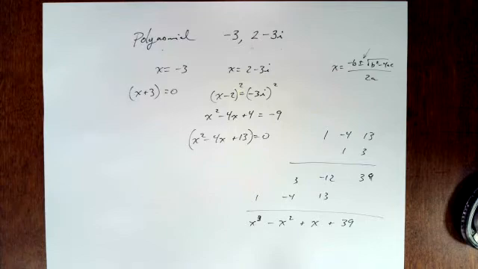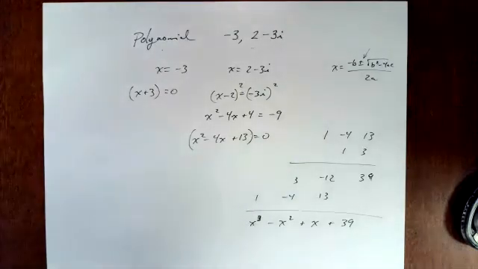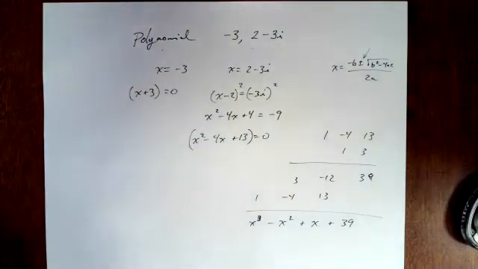Is that cool? All right. So that's just a throwback from Algebra 2. Hopefully, maybe, who knows? I don't know what you learned in Algebra 2, if you learned anything in Algebra 2.